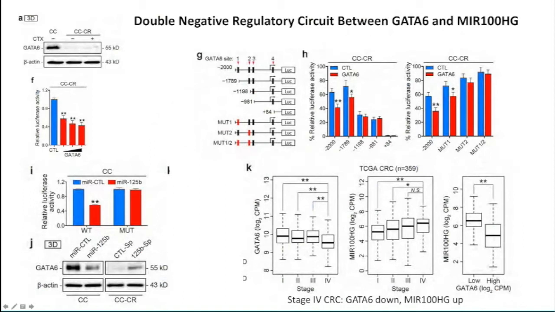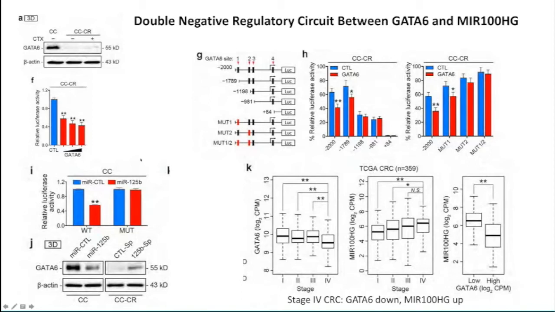If we come over here and look at the analyses in the different cell lines, especially if we go through these different ways, it appeared that site number 2 played the greatest role in mediating this. So miR-125 blocks or inhibits GATA6, which is normally a repressor of the miR-100HG, so it upregulates miR-100HG.